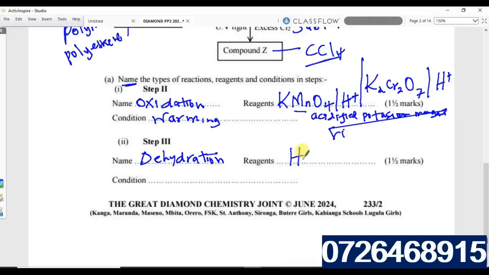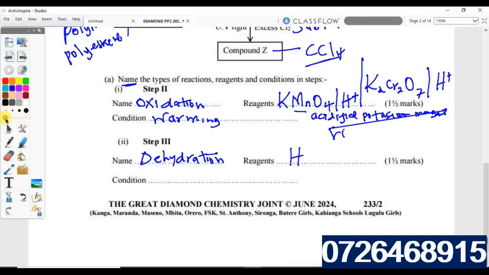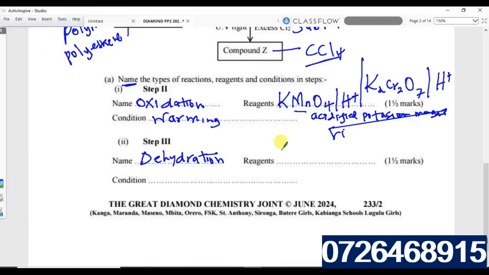So here is sulfuric acid. It is important you know that whenever you are asked to give the name, it should be the name and not the chemical symbols. So this one is conc sulfuric acid.